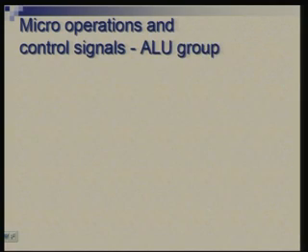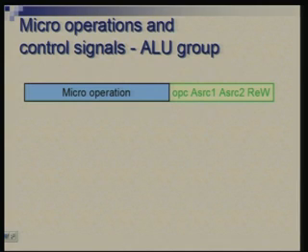Finally, the ALU group, the signals are OPC. It is a 2-bit value which we derived from the opcode. Okay. What goes to ALU finally is a 3-bit signal which will look at OPC and the function bits, and that part of the circuitry will be totally unchanged.